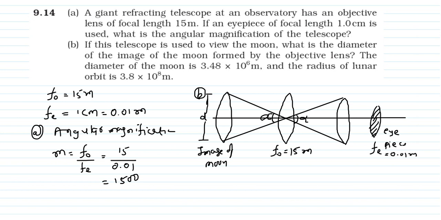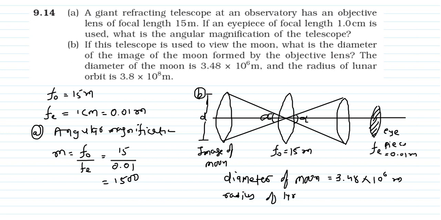Now, here it is given that the diameter of the moon is 3.48 into 10 raised to 6 meter, and the radius of the lunar orbit is equal to 3.8 into 10 raised to 8 meter.